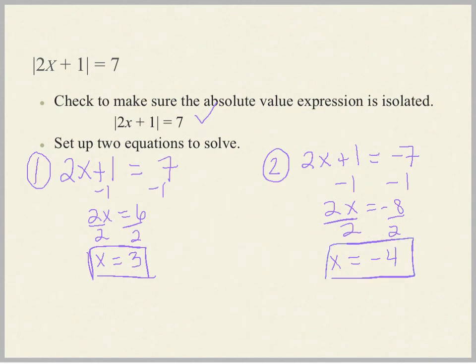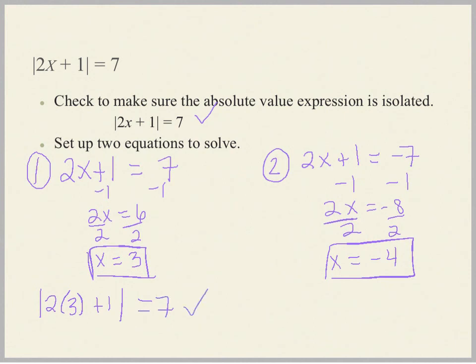We should always double check that these answers make sense by plugging it back into the original equation, which we can do. So we would have the absolute value of 2 times 3 plus 1, which is 6 plus 1, or 7, so that checks out.